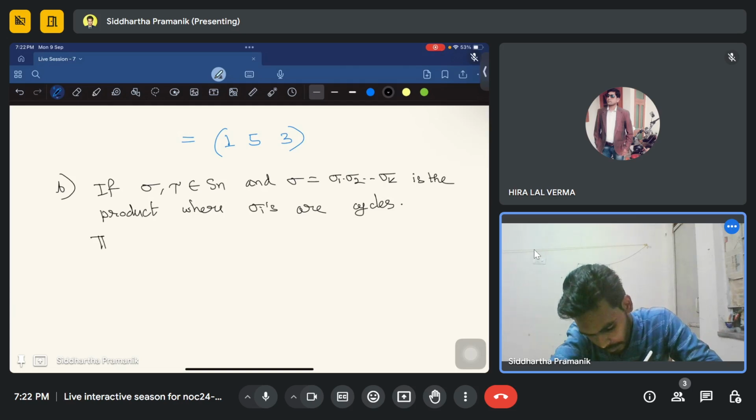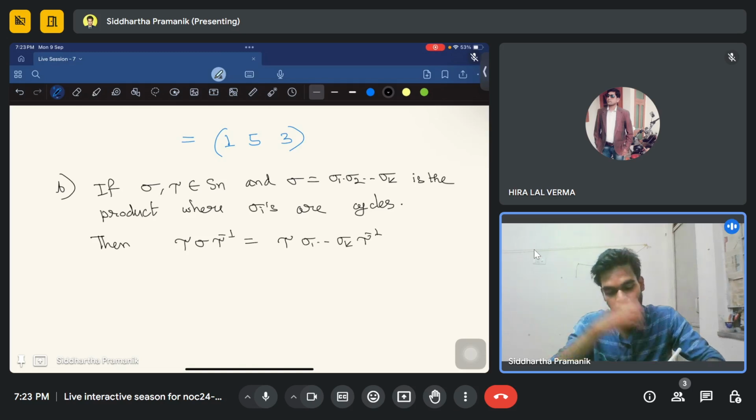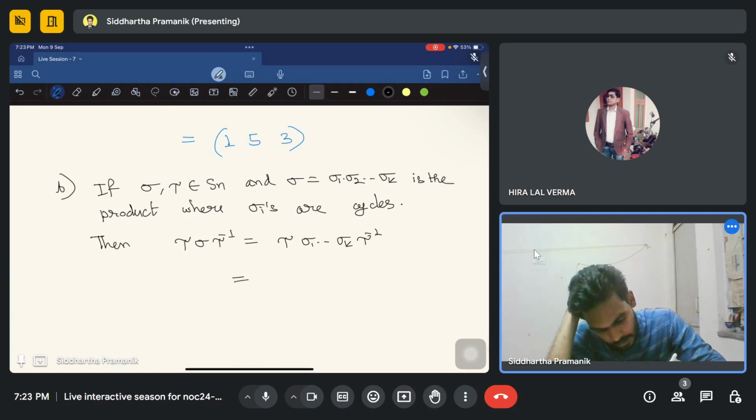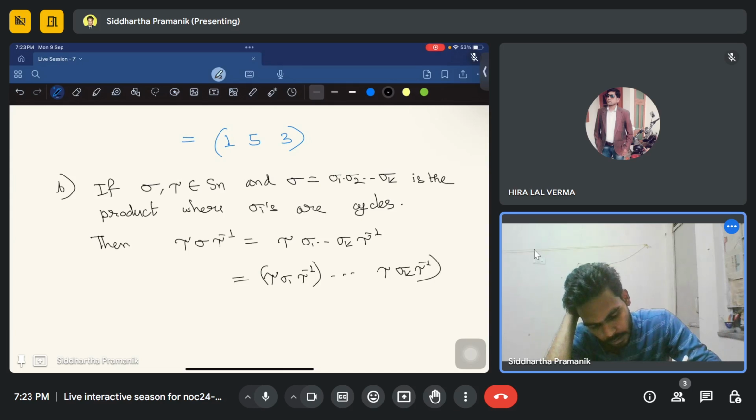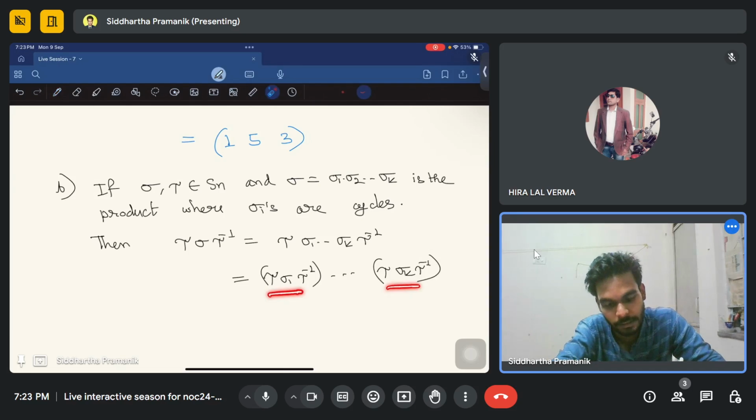So then tau sigma tau inverse is tau sigma 1 up to sigma k tau inverse, right? Now this is the same as tau sigma 1 tau inverse dot dot up to tau sigma k tau inverse. So these are also cycles, and we can compute the conjugate of cycles.